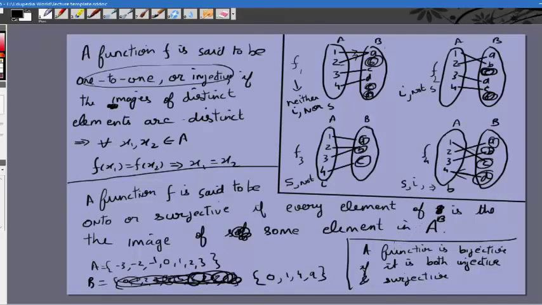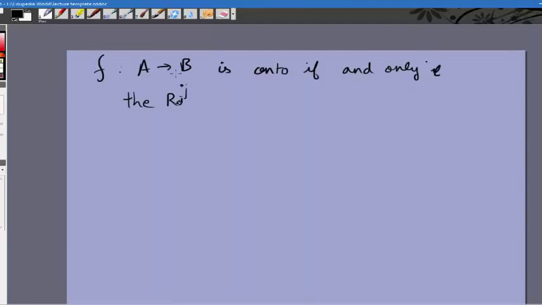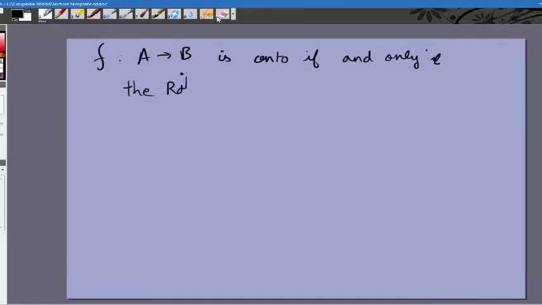Now, there are certain characteristics of these properties. One is f going from A to B is onto if and only if the range of f is B. Right, so let's look at the example.